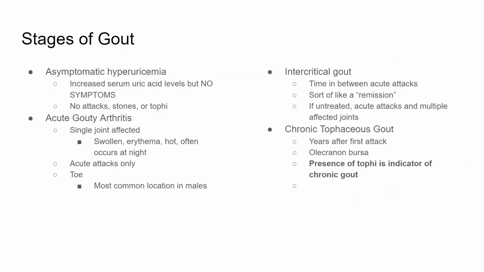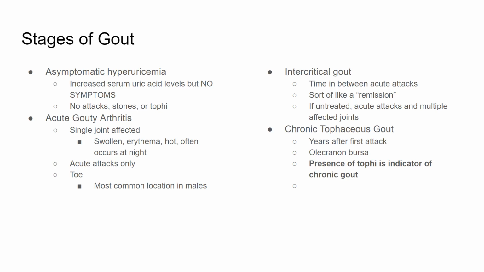And then I strongly recommend you guys understand the stages of gout. I know it seems pretty self-explanatory, but I'm pretty sure there were a couple questions on different stages of gout, like knowing what asymptomatic hyperuricemia is, knowing that it's just high levels but there's no symptoms, obviously, from the name, but knowing that there's no treatment needed for asymptomatic hyperuricemia, and you don't start treating until you actually get the acute flare-ups.